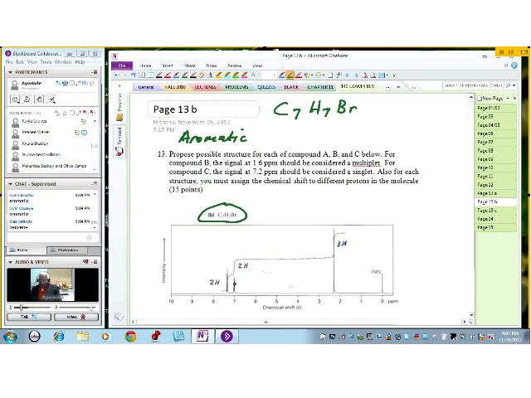Whenever you see this kind of multiplicity here, you have this here, you have this here, it's almost symmetric. 2 hydrogen, 2 hydrogen. What does that tell you? That tells us that the benzene is a disubstituted benzene because you have 2 hydrogens left.